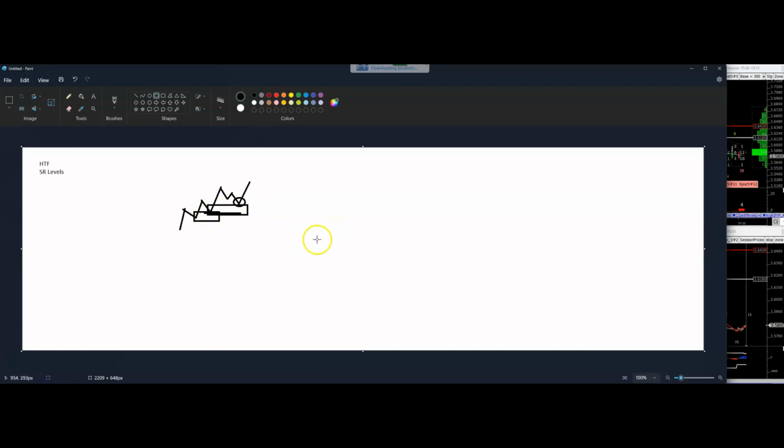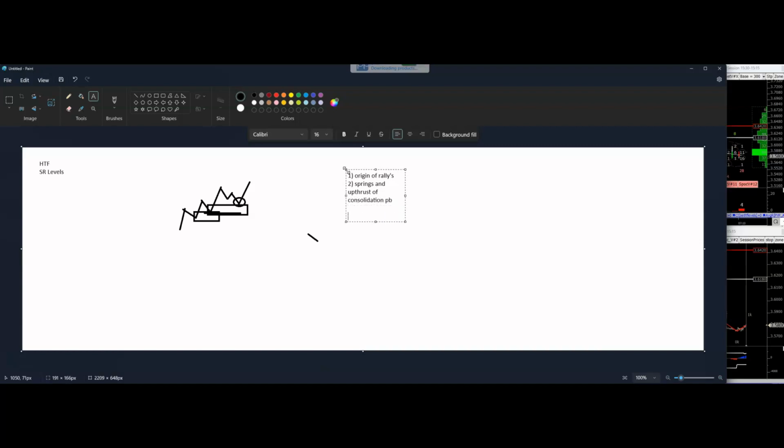So basically, remember this, you have 2 points, right? Let me just write it out. These are your levels, basically. The origin of rallies, and the consolidation or springs and upthrusts of consolidation, areas, or just call it pullbacks.